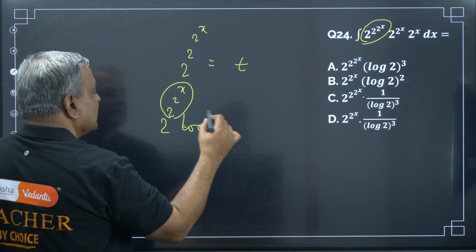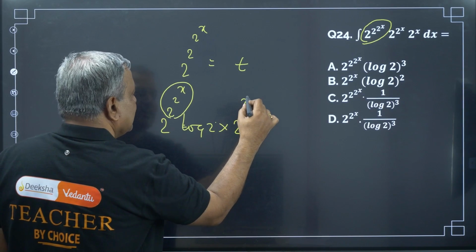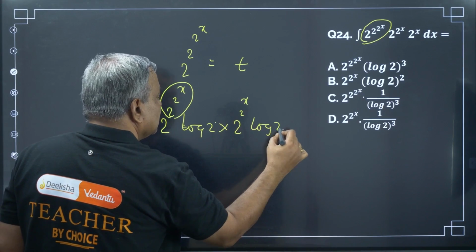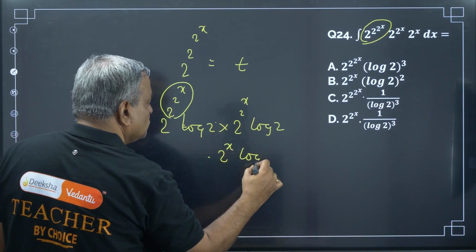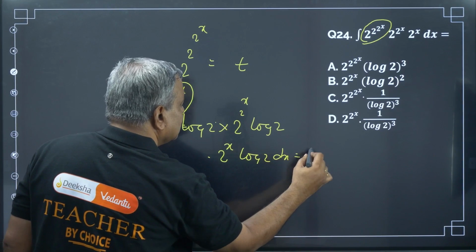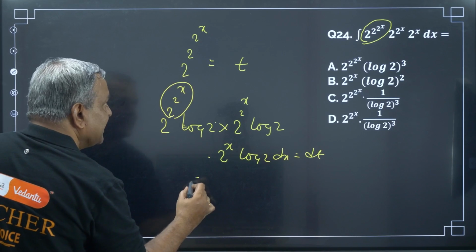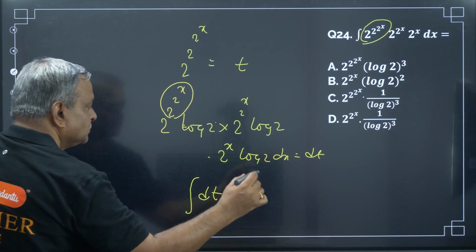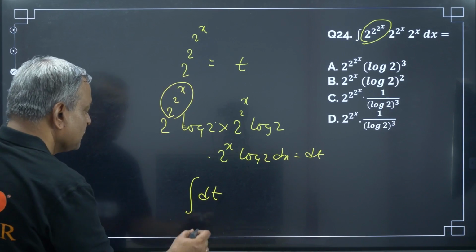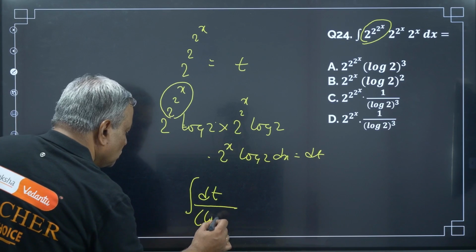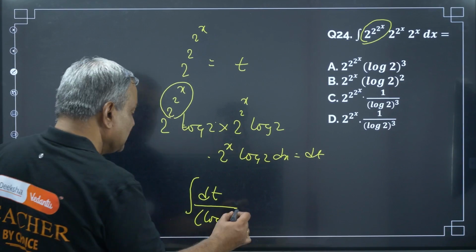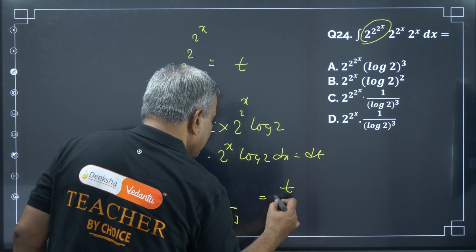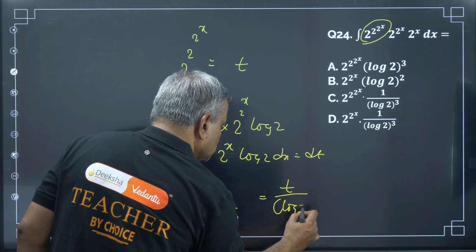This is 2 to the power x, again log 2. Again 2 to the power x will be 2 to the power x log 2 dx is equal to dt. So complete this is dt, this is complete is dt by (log 2) whole cube. Okay, this will give you t by (log 2) whole cube.